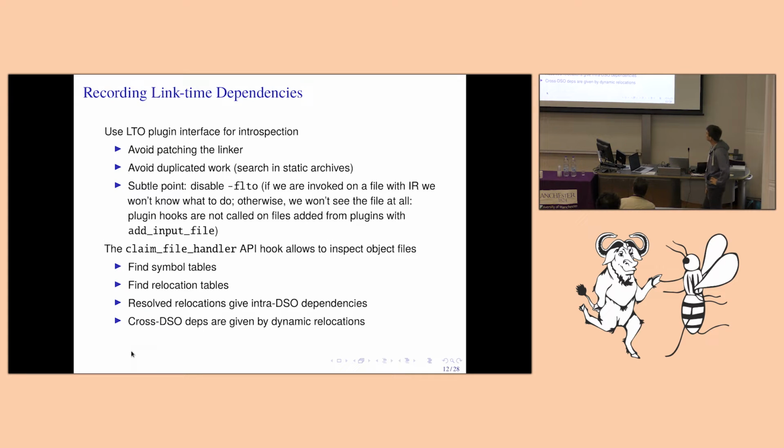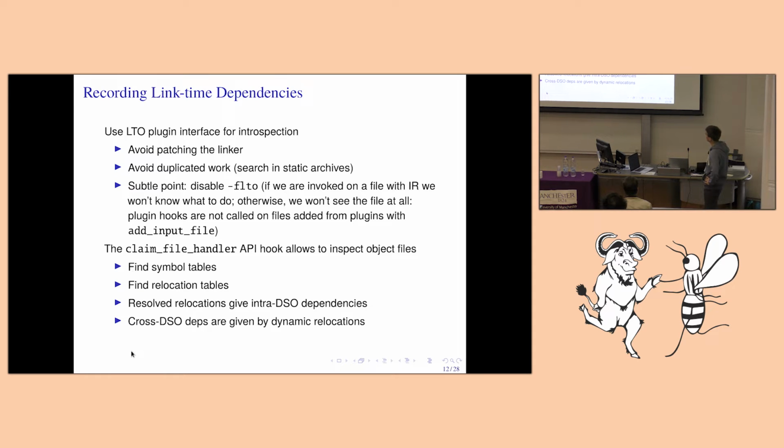So yeah, this approach is kind of good in that it avoids patching the tool chain. Customers probably won't be happy if we told them, hey, you have to use our patched GCC, patched linkers to make this work, to shrink the libraries.